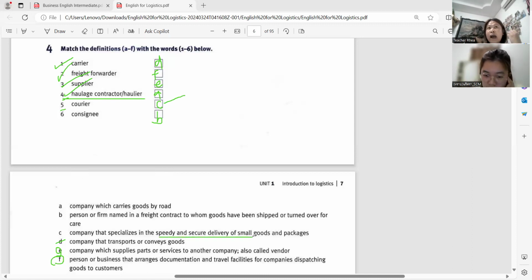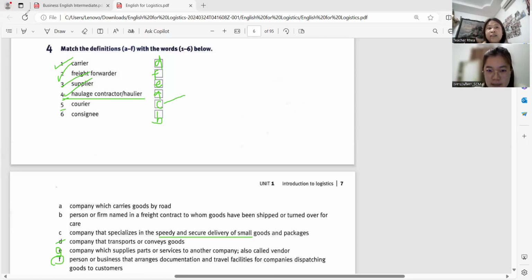Yes, the courier. You have a lot of courier services here in Thailand, right? You have Kerry, you have J&T. Usually, what courier do you use when you want to send something? I usually use DHL Express, DHL and FedEx.